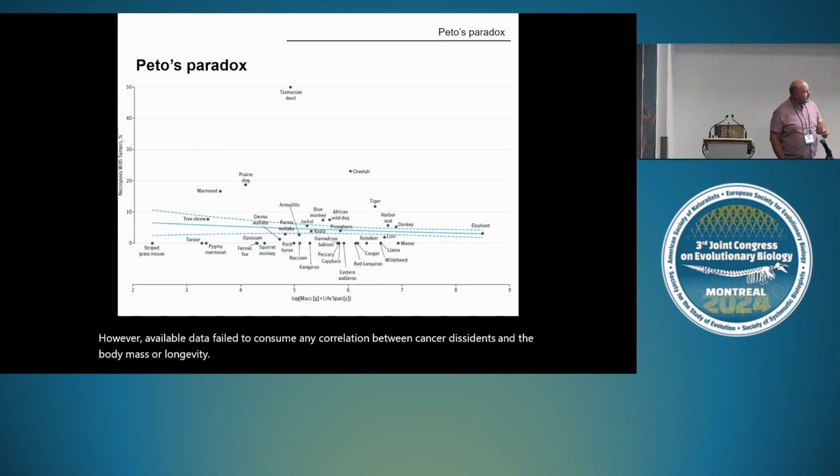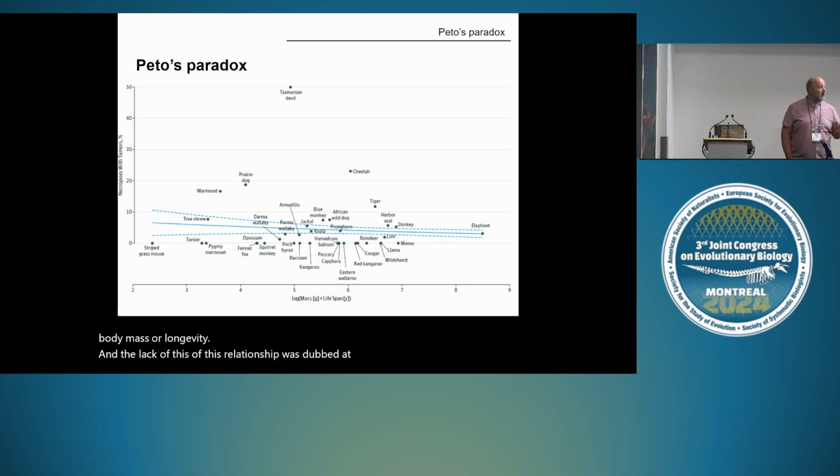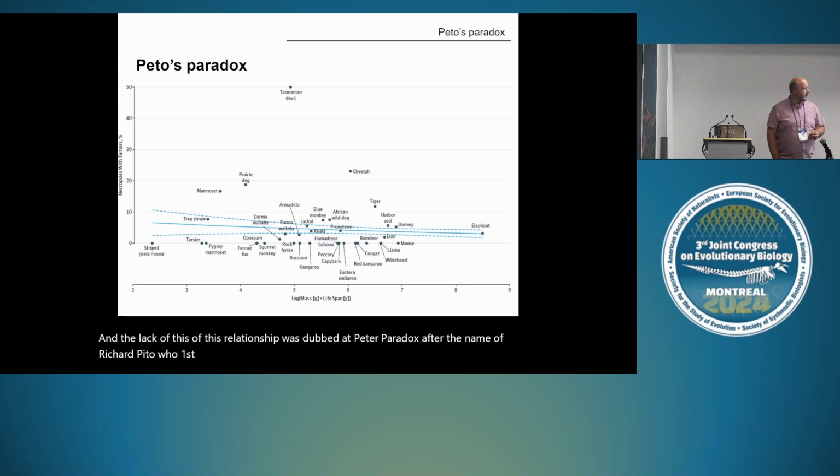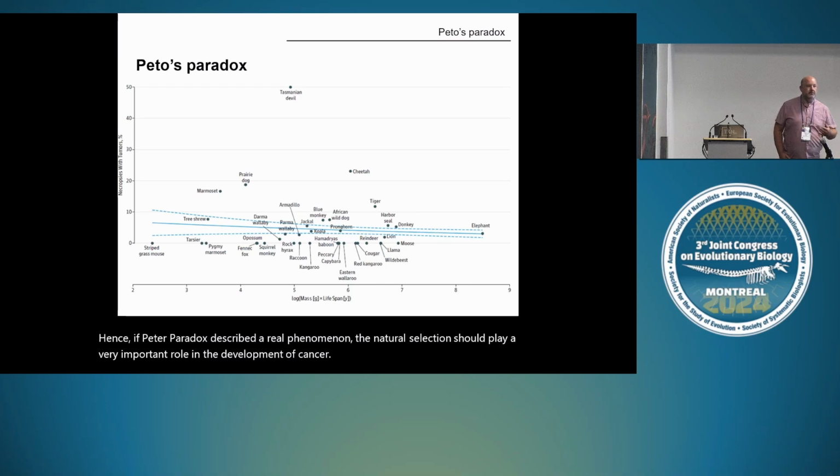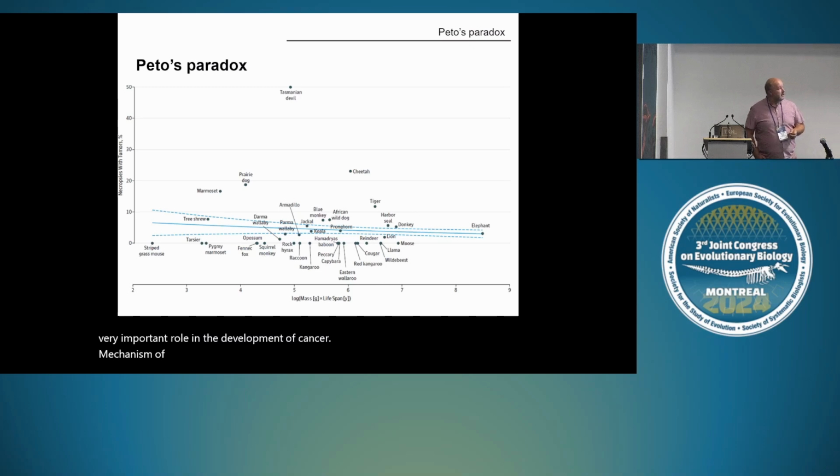And the lack of this relationship was dubbed the Peto paradox, after Richard Peto, who first formulated this idea. Hence, if the Peto paradox describes a real phenomenon, natural selection should play a very important role in the development of cancer resistance mechanisms, especially in large and long-lived animals.